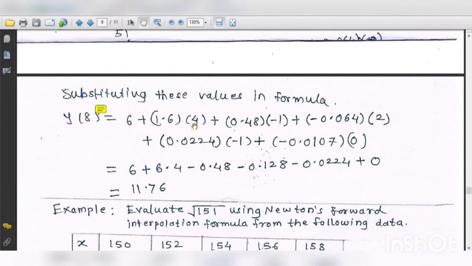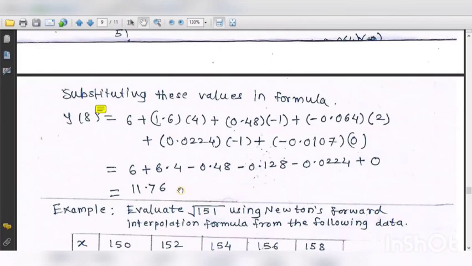This is y0, this is delta y0, this is delta square y0, this is delta cube y0, this is delta raised to 4 y0, and as it is 0, though it is 0, I have written the next term also, delta raised to 5 y0, and these are the values of the expressions related to x. If we calculate them separately, then in the final answer you only have to substitute those values and get the answer, which is very easy.